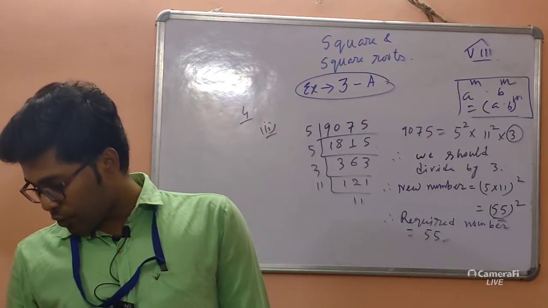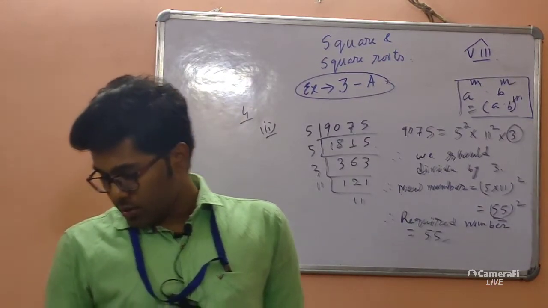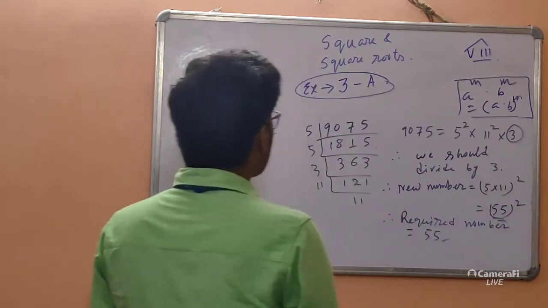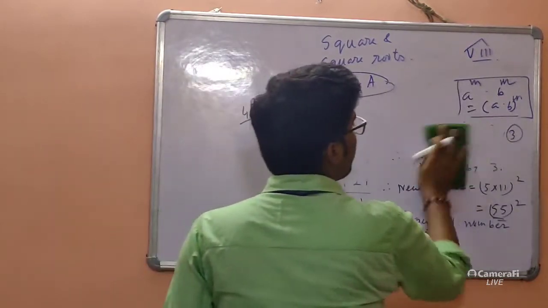Okay, let us solve one more sum. Let us do the next one, 4581. Let us do part 3.